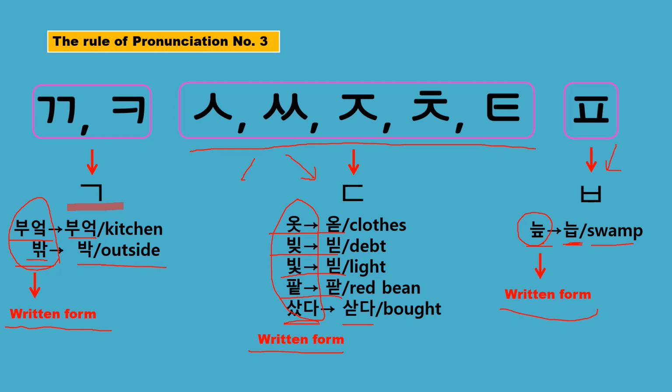Okay, especially these two, 빛 and 빚. Okay, they sound very similar. 빛, 빚. Okay, but different word. Alright, so I think it's very hard for beginner level, or intermediate level.